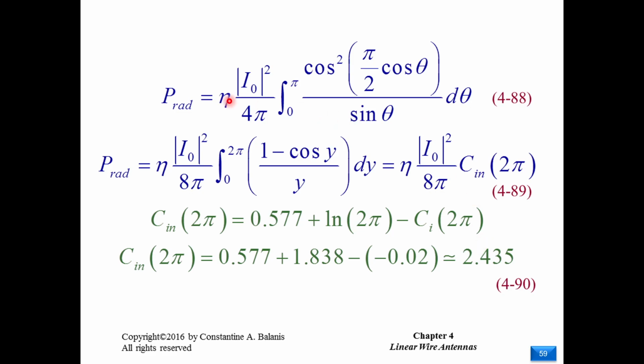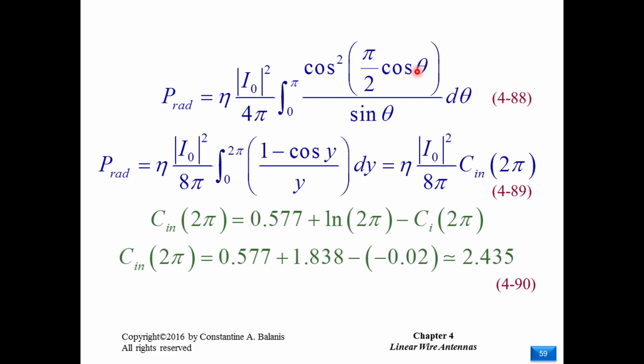The total radiated power is obtained by integrating this average power density. Average here is the average over time, one period. So we integrate this quantity with respect to all parameters.